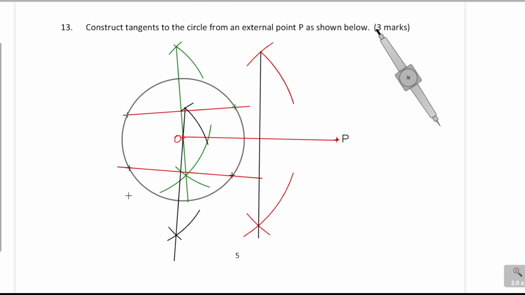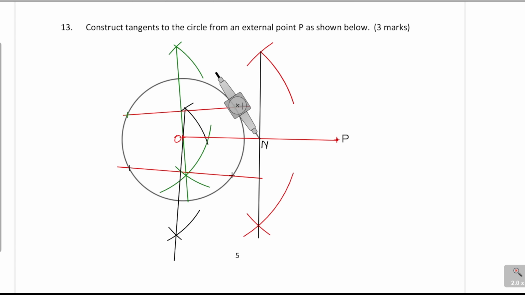So that is the perpendicular bisector of OP. Then from there, this point, I name this point as N. N is the midpoint of OP.